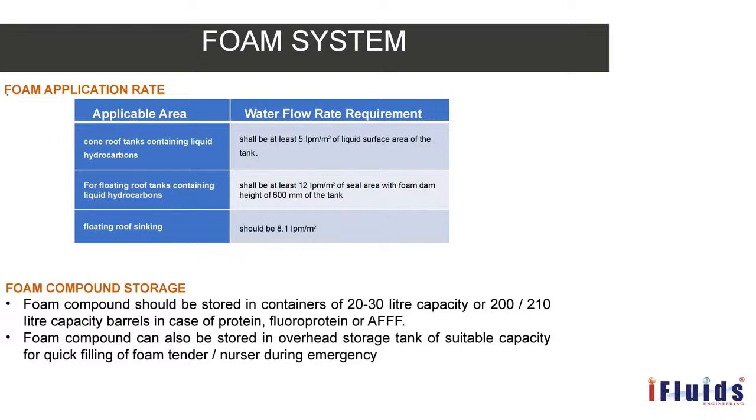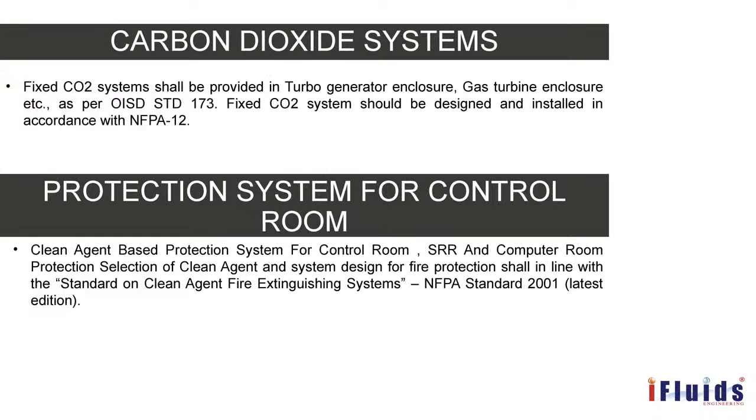There are 23 chapters detailing other firefighting systems, and the 24th chapter is a reference section. So we are moving on to the next sections. I will outline only a few sections of these other systems: if it is a carbon dioxide system or a clean agent system.